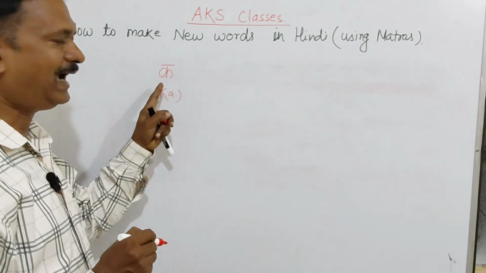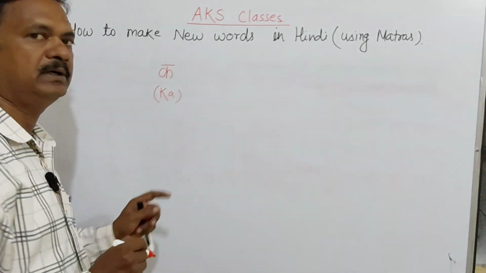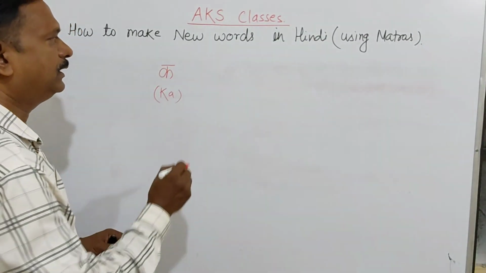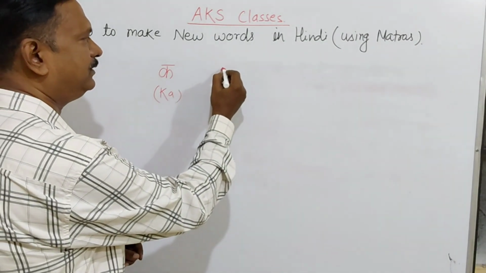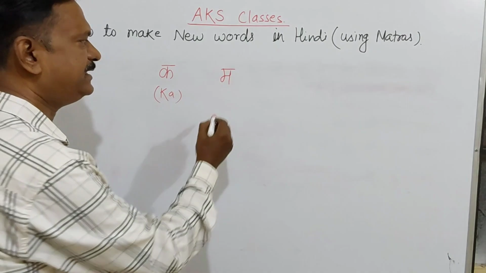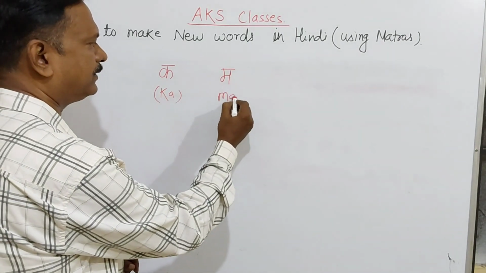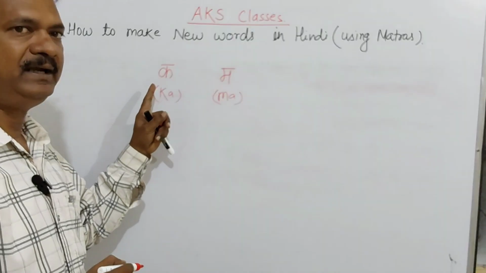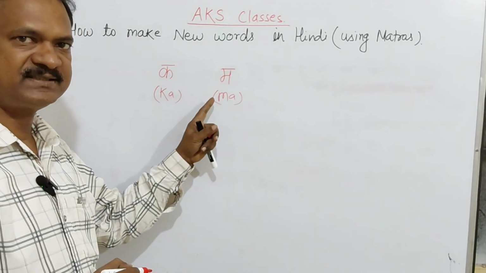So with k there is a sound also, and I take a different consonant, that is ma, with a sound. So here it is k and this one is ma.